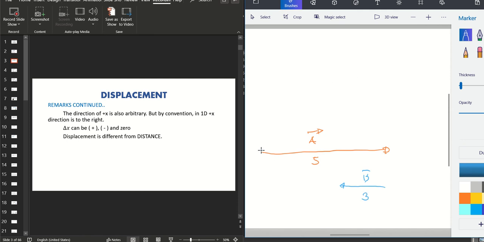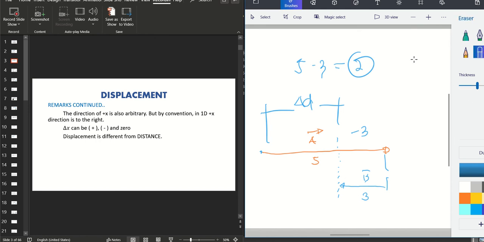This displacement comes from here, and then you go here, and that's 5, and then you went backwards. So it means kumain ka ng minus 3. So what will be the displacement? The displacement is what's left. So that's delta D, and that's displacement, and the displacement is 5 minus 3, and that's 2. So that's positive. You assume that going to the right is positive and going to the left is negative.